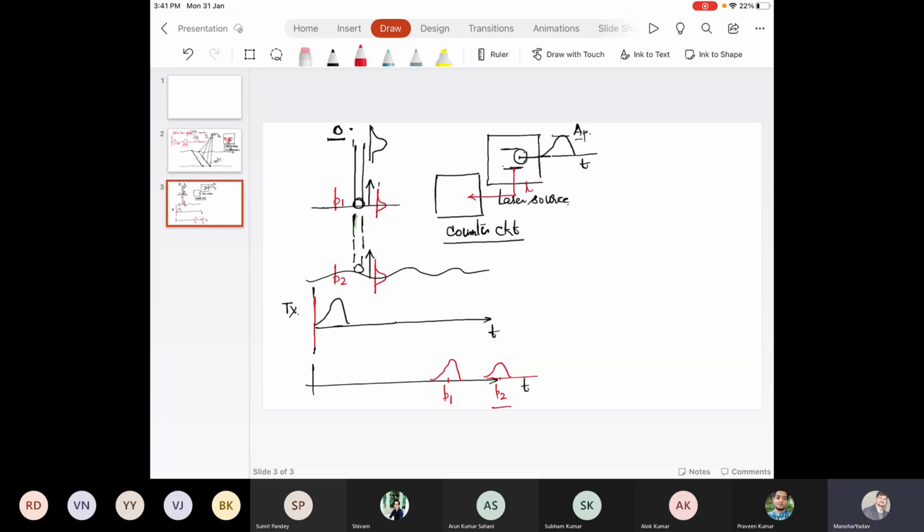We call it the trigger signal. Okay. This trigger signal triggers the counter. Yes, now you can start counting. So this trigger signal initializes the counter to start the counting.